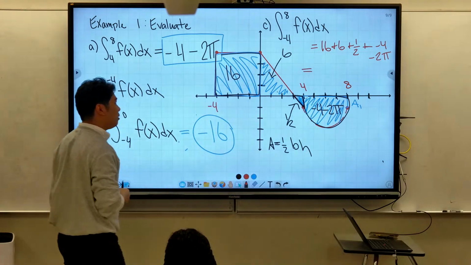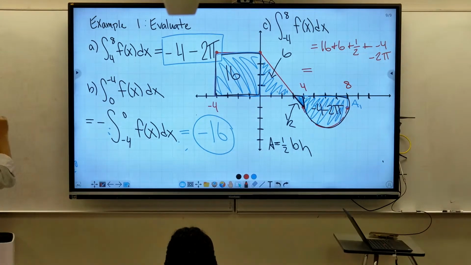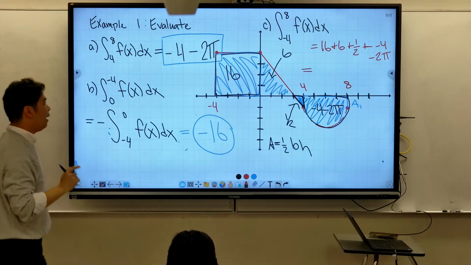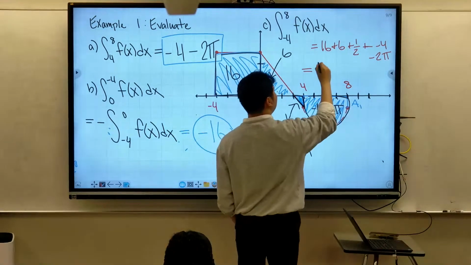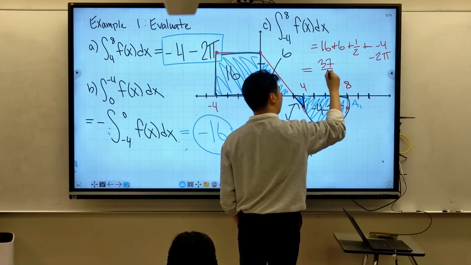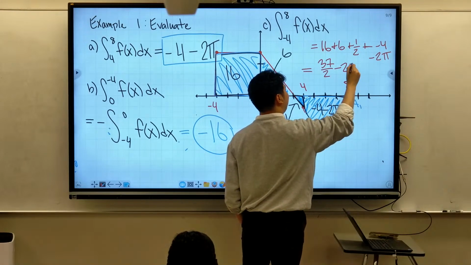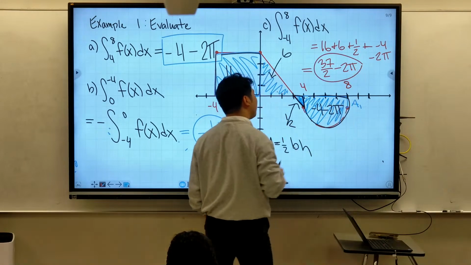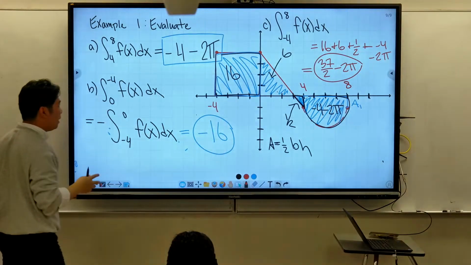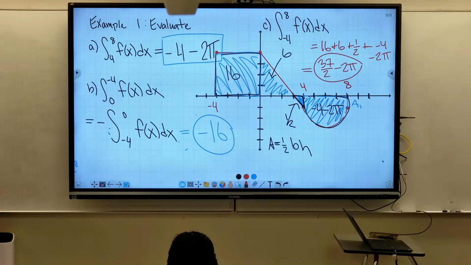So adding all of those together, 16 plus 6, I get 22. 22 minus 4, I get 18. 18 plus 1/2, I believe we get 37 over 2, minus 2 pi. So I just combined the plain numbers and I left the pi alone because there's no real good way to combine a number with adding it to a pi.